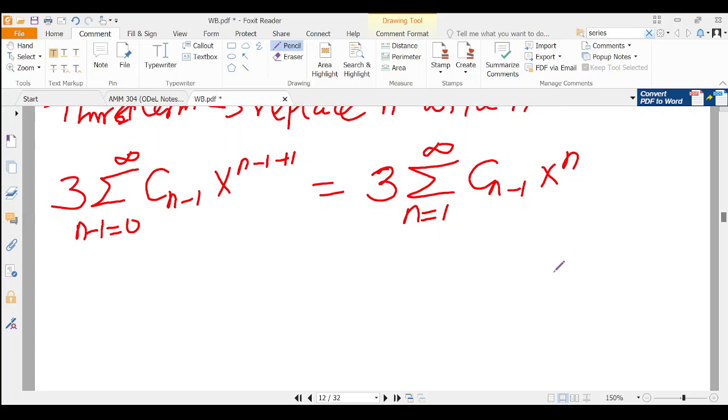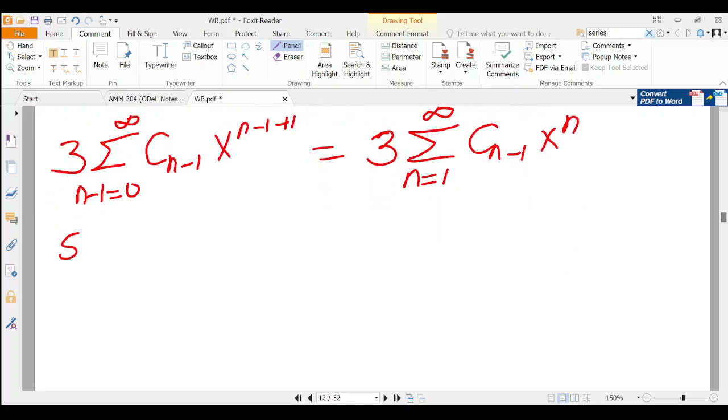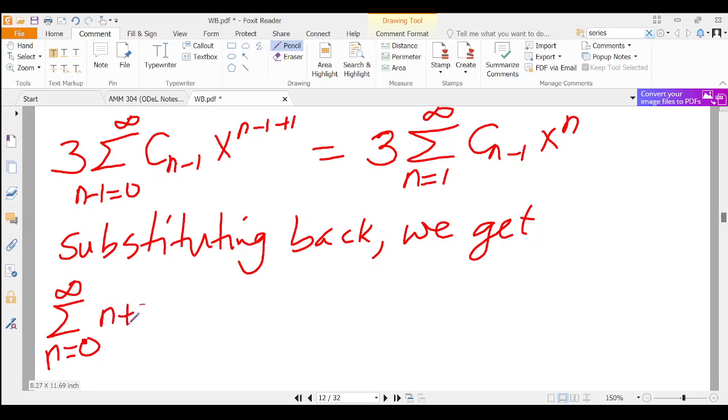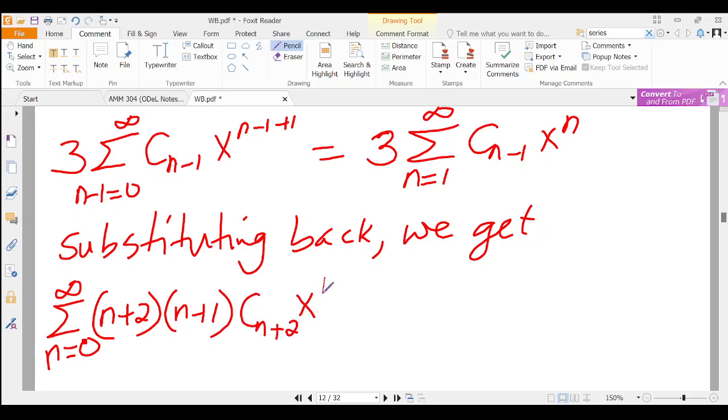So when we do this substitution, on substituting back, we get the first term is the sum from n equals 0 to infinity, (n+2)(n+1) c_{n+2} x raised to power n.